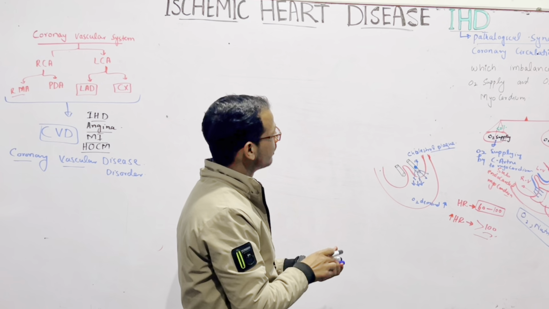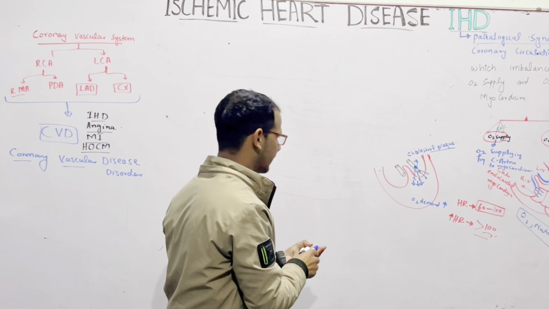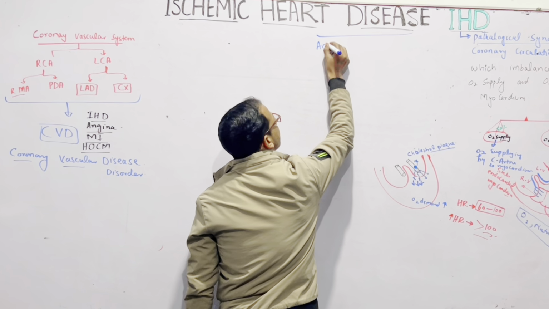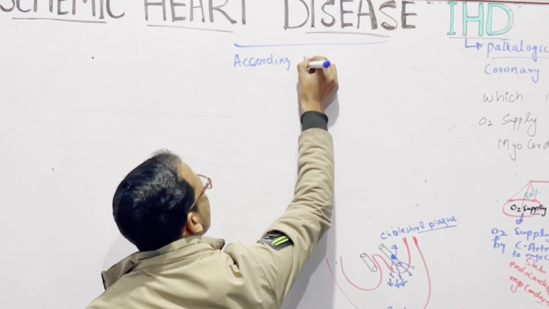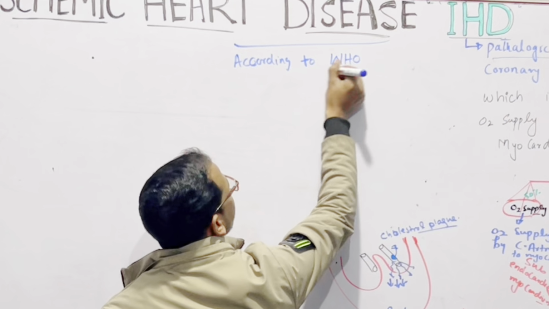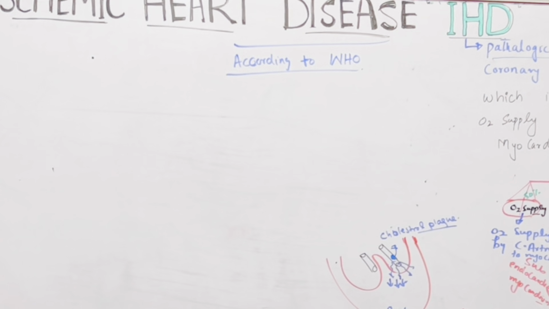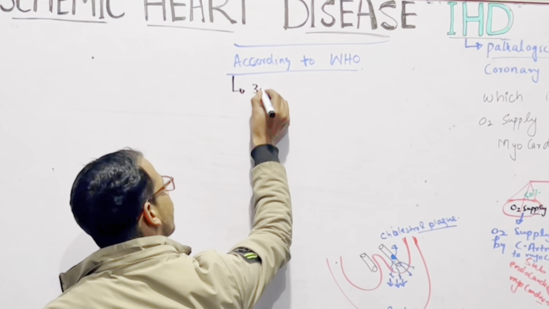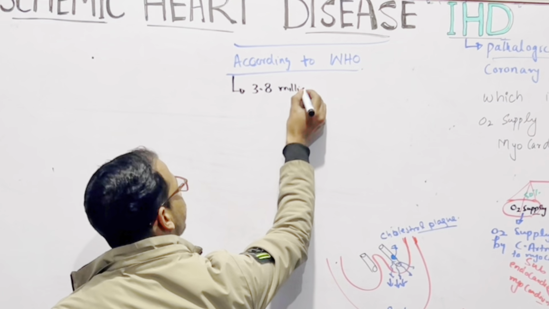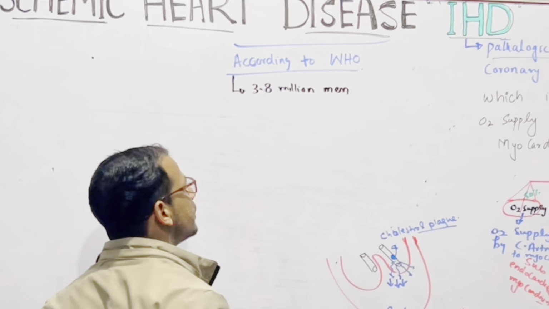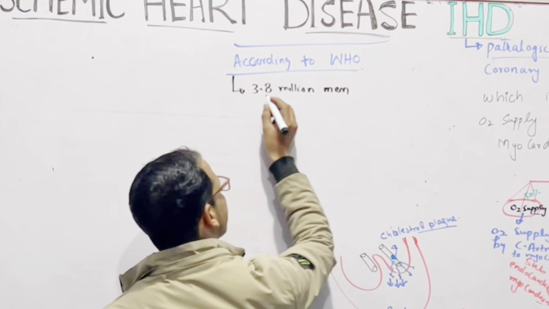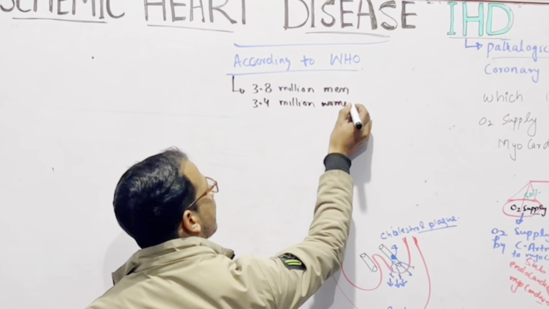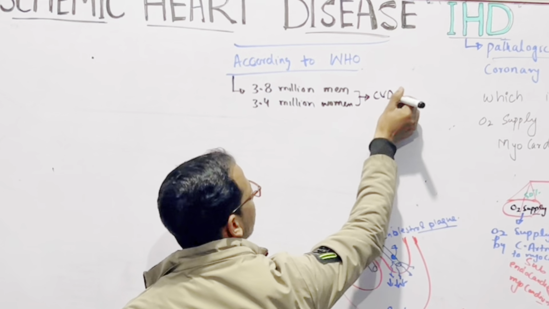If we go for the epidemiology of ischemic heart disease, according to the World Health Organization, worldwide 3.8 million men and 3.4 million women are affected by CVD.